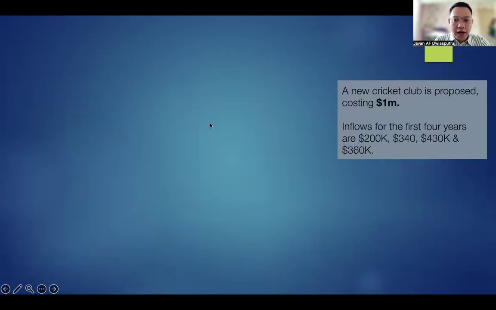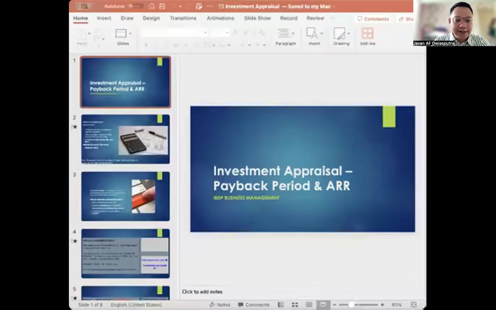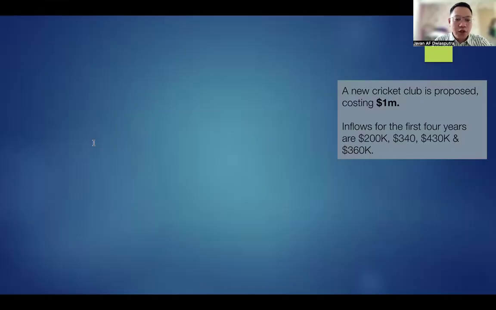Now we're going to look at the next case, calculating with the second payback period method, the cumulative method. This method is used when cash inflows are not even each year, which is very common in real business situations.